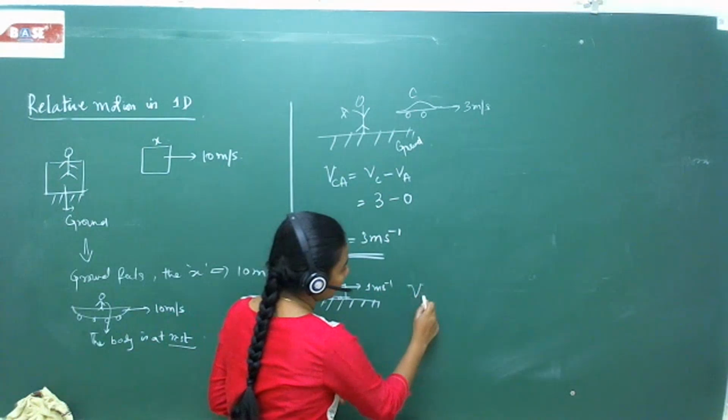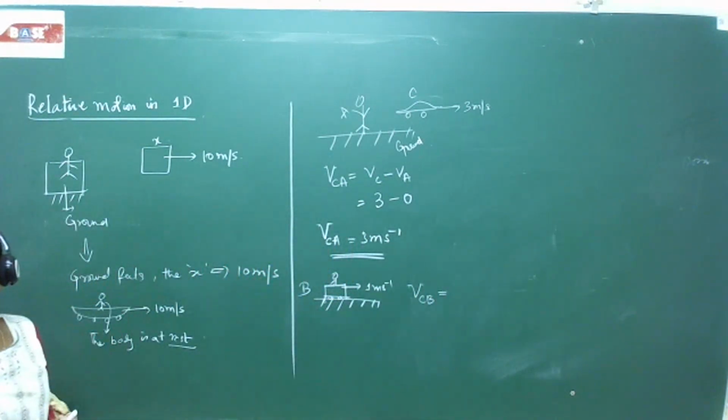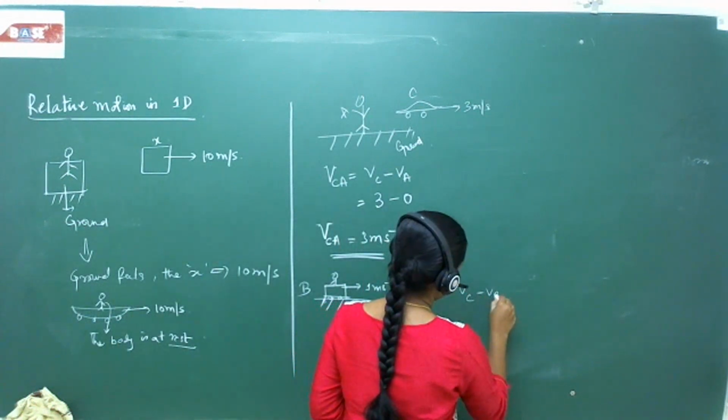You will write VCB is equal to VC minus VB.